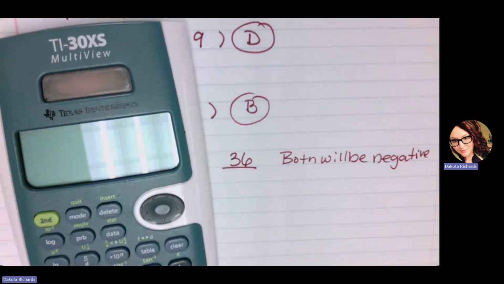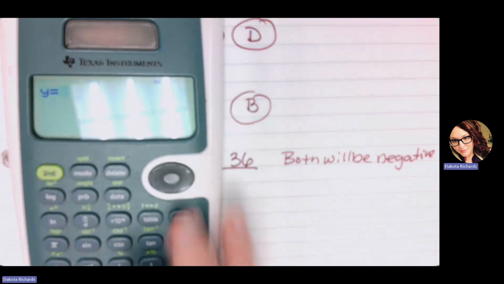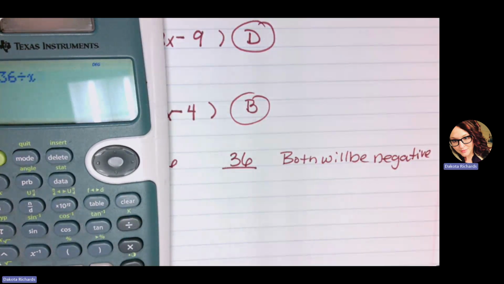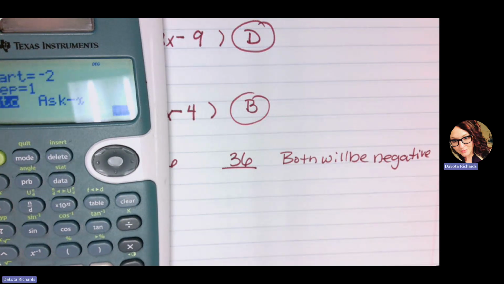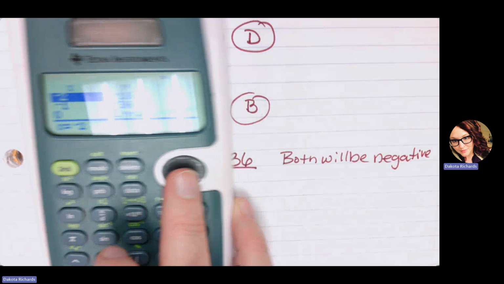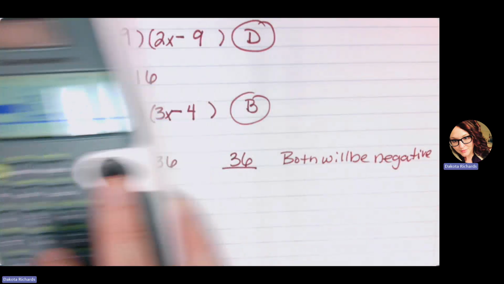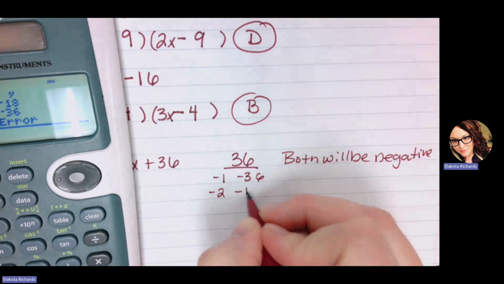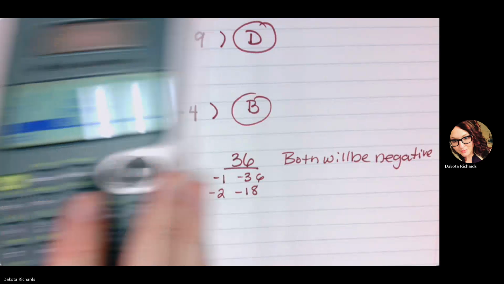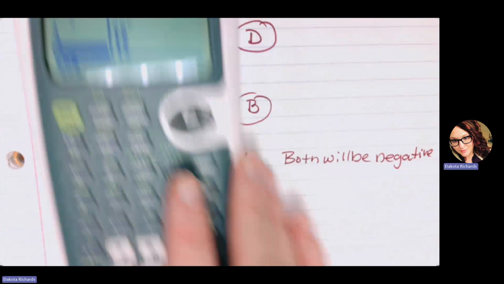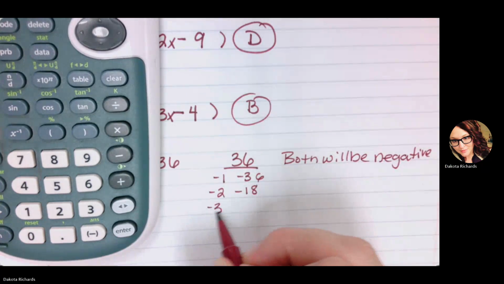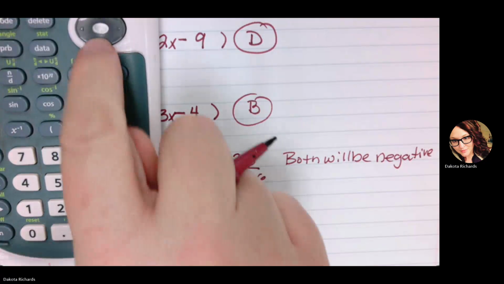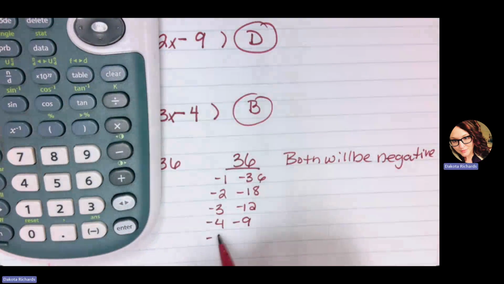So if you go to your table and you're trying to find your factors of 36, go hit 36 divided by x. So we've got negative 1, negative 36, negative 2, negative 18, negative 3, negative 12, negative 4, negative 9, and then you should have negative 6 and negative 6.